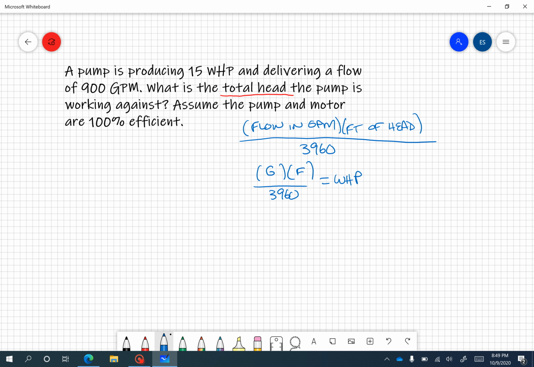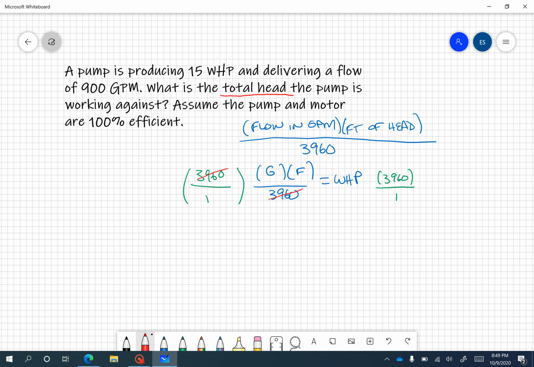So if we know what the water horsepower is, the first thing that I'm going to do to rewrite this equation is I'm going to multiply both sides of the equation by 3960 over 1.